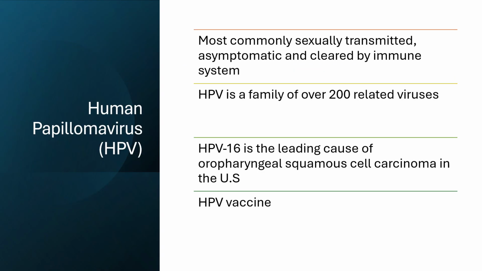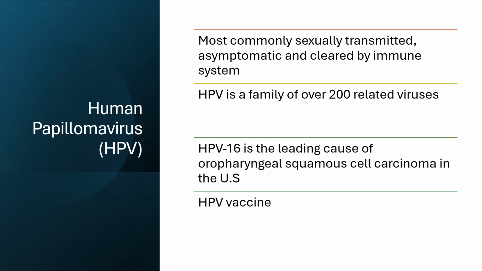For human papillomavirus or HPV, the best thing about HPV is now they do have a vaccine. There are over 200 strains of HPV, and the only one I need you to know about is number 16. HPV number 16 is the leading cause of oropharyngeal squamous cell carcinoma in the United States, and this is a form of oral cancer.